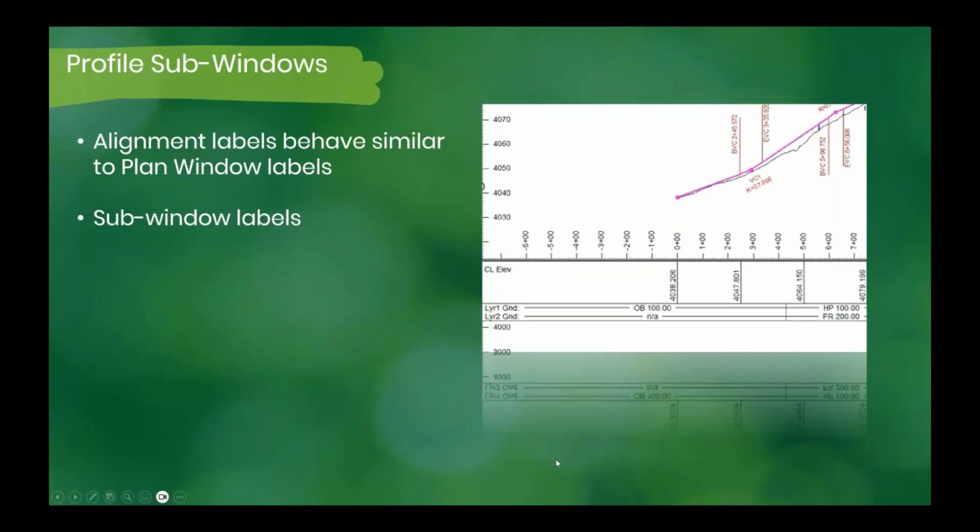The other piece we'll cover here under the profile, that's sort of a label, sort of a line, is this idea of the sub-window labels. So we can add some sub-windows below the profile to communicate and label extra information. Perhaps that's our center line elevation, perhaps it's our ground types. There's a lot of options for a display of additional information that can happen below your profile. And we'll take a look at that in this section as well.